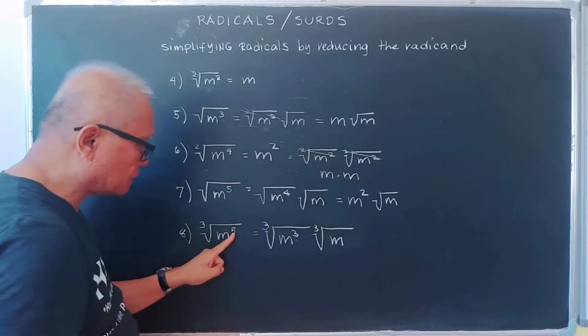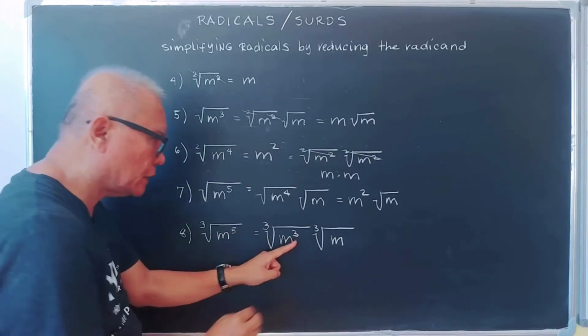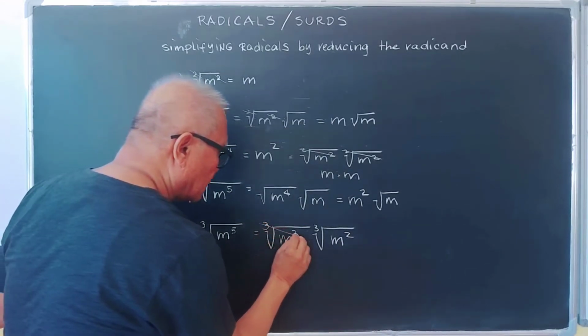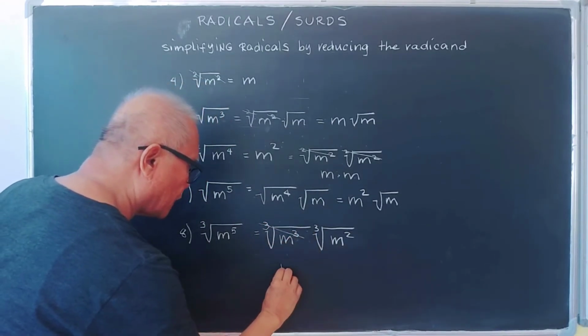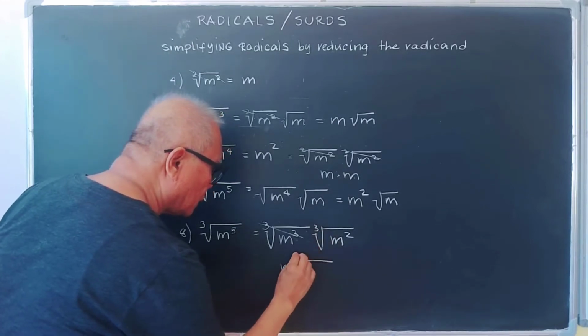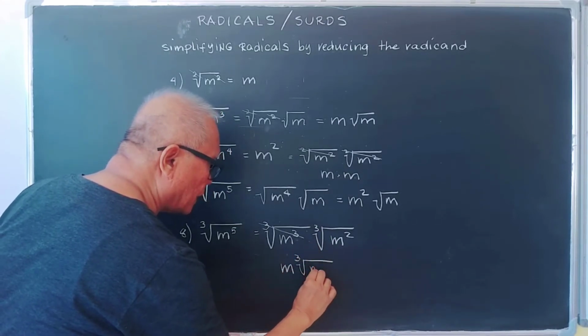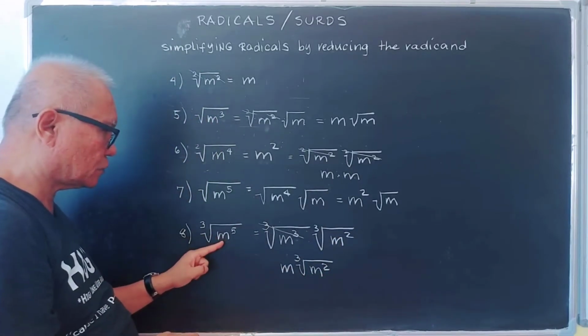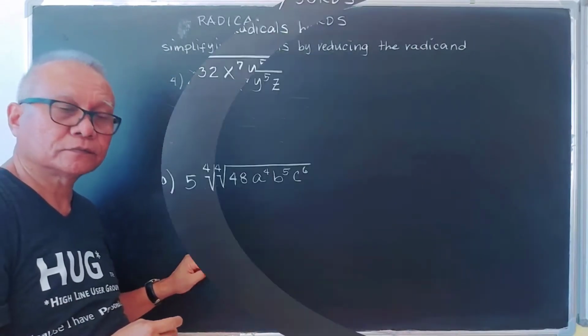To complete this 5 here, we have the 3 here, so we have put the 2 there. So here, cancel the 3, so we have m here, and still we have the cube root of m squared here, and that is the cube root of m to the 5th.